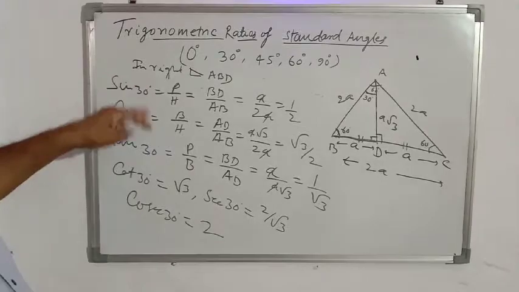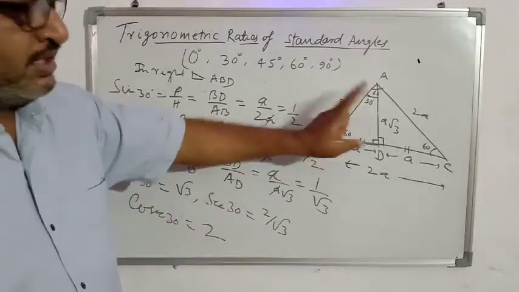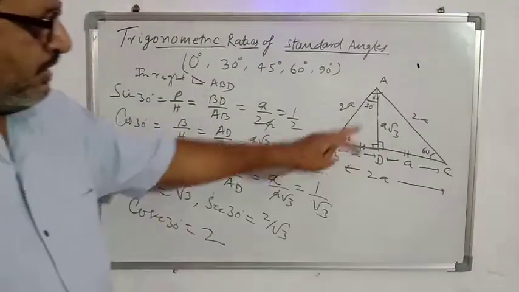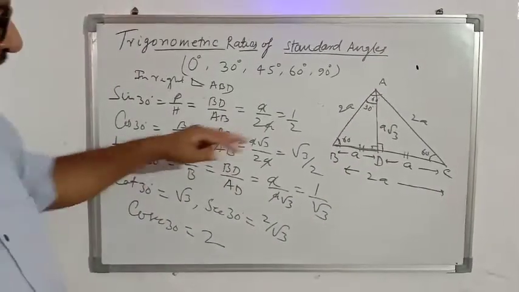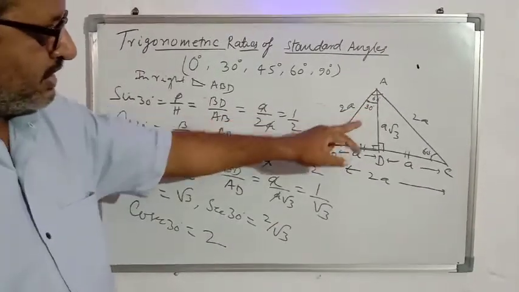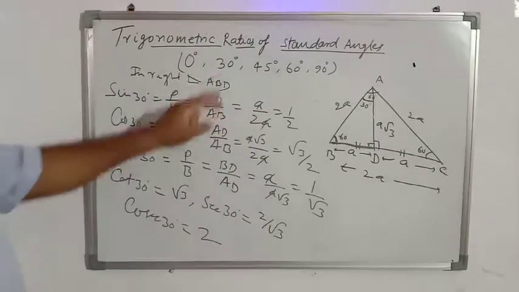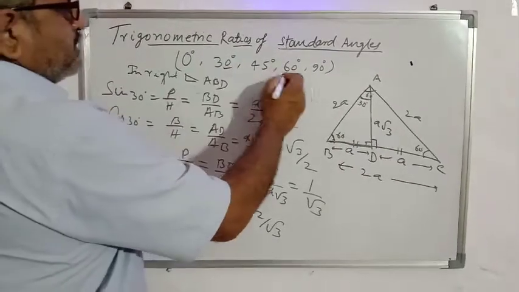So we have found the trigonometrical ratios for 30 degree, and from the same right angle triangle we have calculated for 60 degree also.